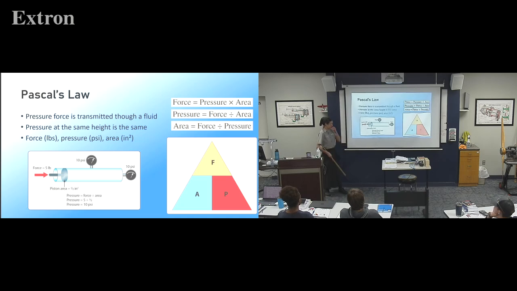So that's where the area comes in. So if I had a smaller piston or a larger piston, that's going to change what that pressure actually is from the force. So my force of 5 pounds pushing on my piston, which is 1/2 inch, that's 5 divided by 1/2, which gives me 10 psi.